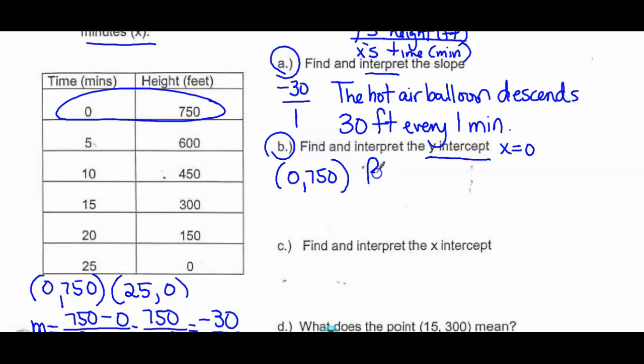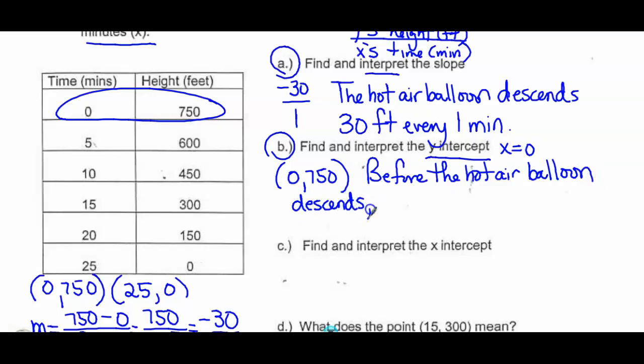This means before the hot air balloon descends, that is describing the 0 minutes before the hot air balloon descends. It is 750 feet in the air.